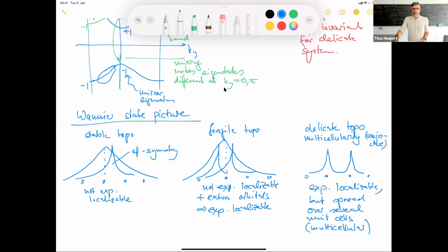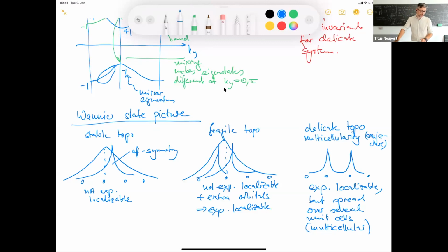Is there a bulk boundary correspondence for this delicate Chern number? So in general, for these delicate phases, I think I cannot give you a complete answer. In the case of the Hopf insulator, there are definitely boundary states, but it's quite subtle.